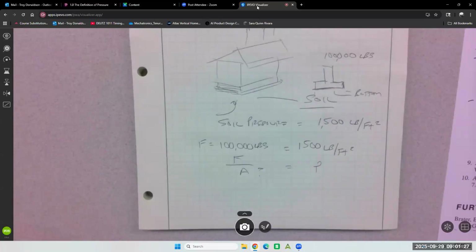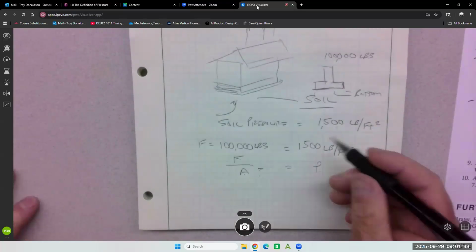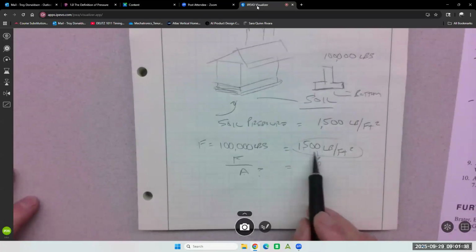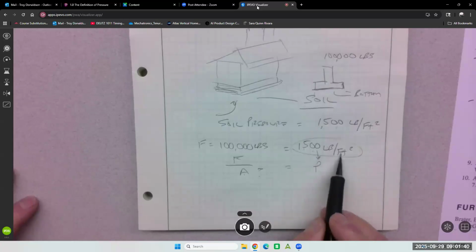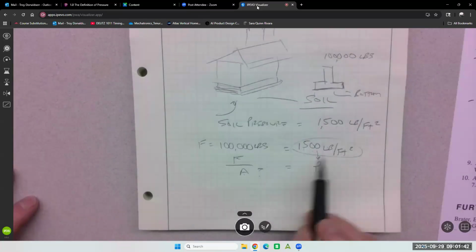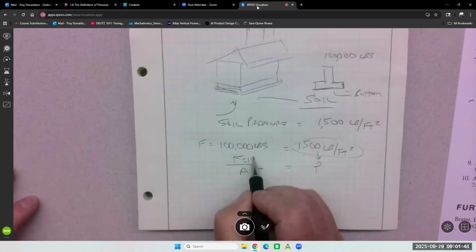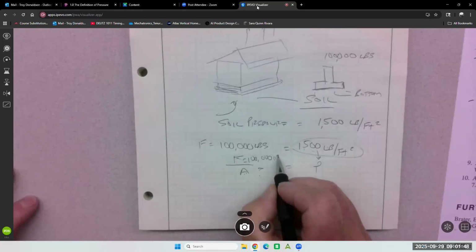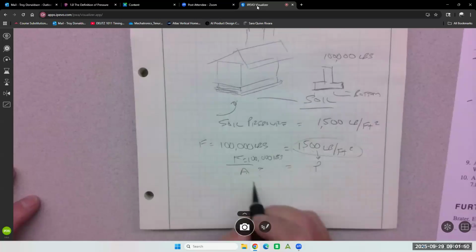The equation F over A equals P can be worked in a lot of different ways. And this way I'm saying, okay, the limit to my pressure has got to be 1,500 pounds per foot squared. The force is 100,000 pounds. How much area do I need? How do we calculate that?